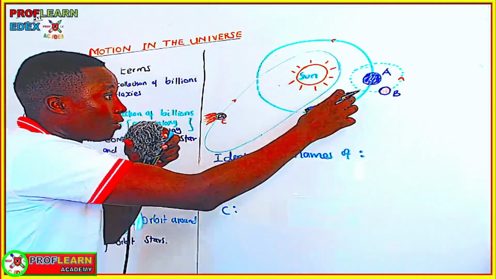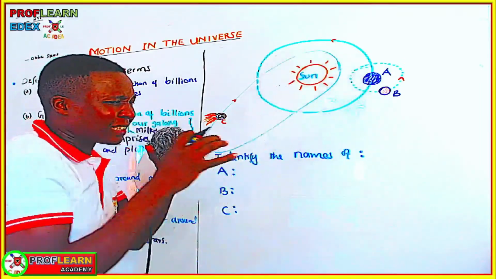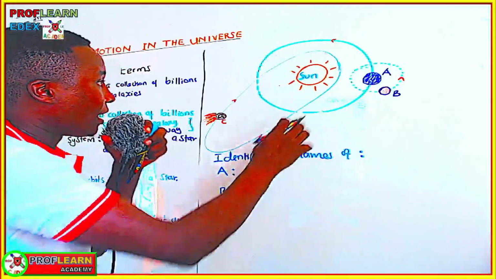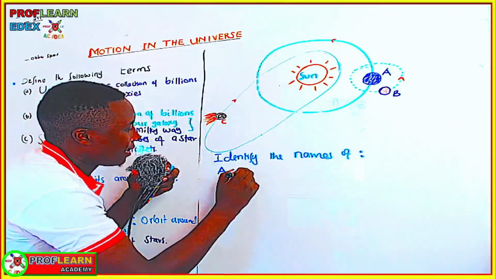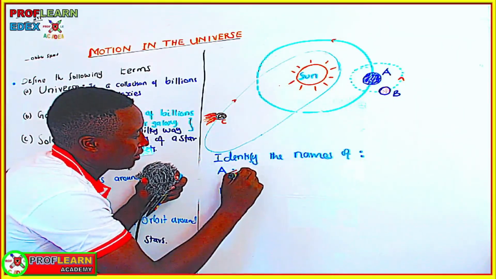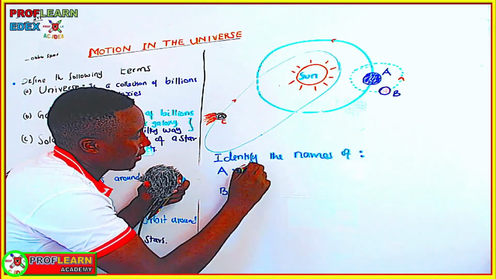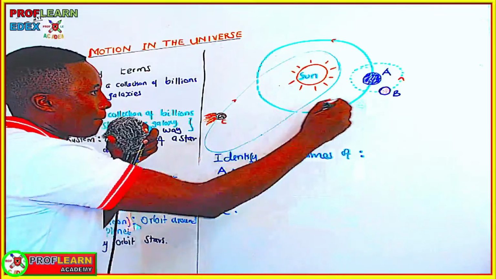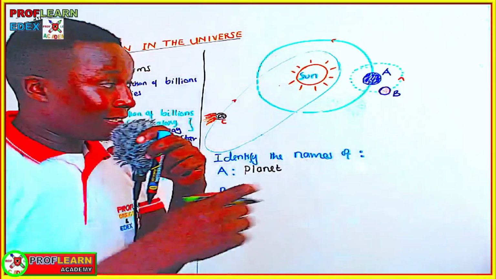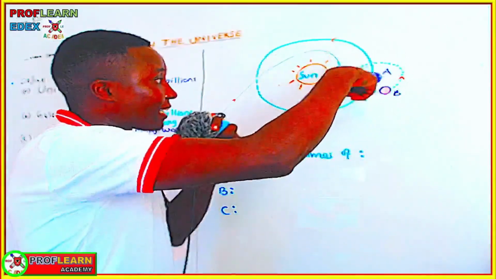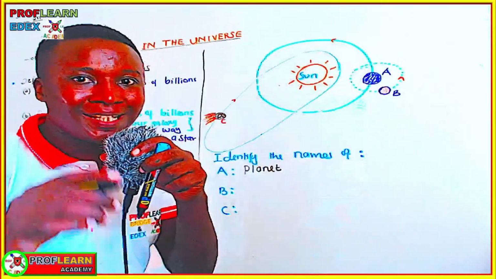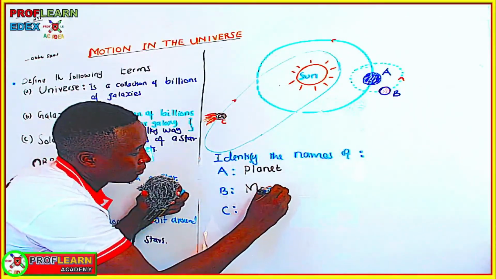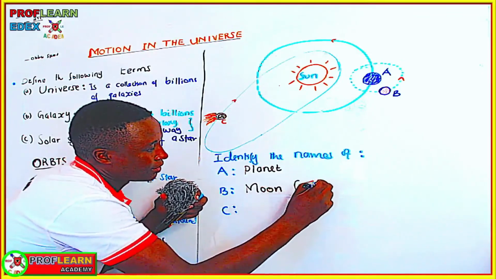For a planet, the star is almost at the center. So A is a planet. B is orbiting around a planet, so it must be a satellite, the moon.